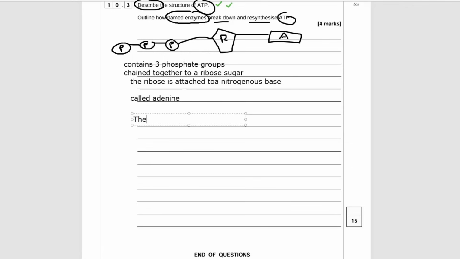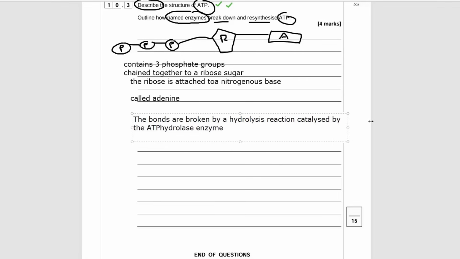Now we're going to go on to say, well, how is this ATP broken down and how is it formed? So the bonds in ATP can be broken by a hydrolysis reaction. Again, they might ignore the name of the reaction because what they're really specifically asking for is the name of the enzyme that catalyzes that reaction, and that is known as ATP hydrolase.